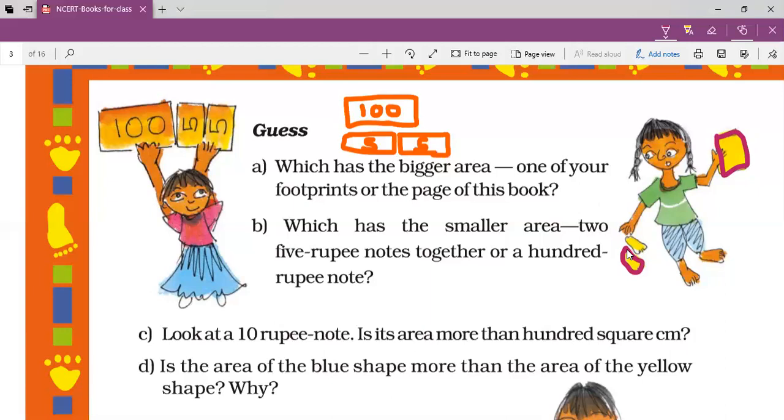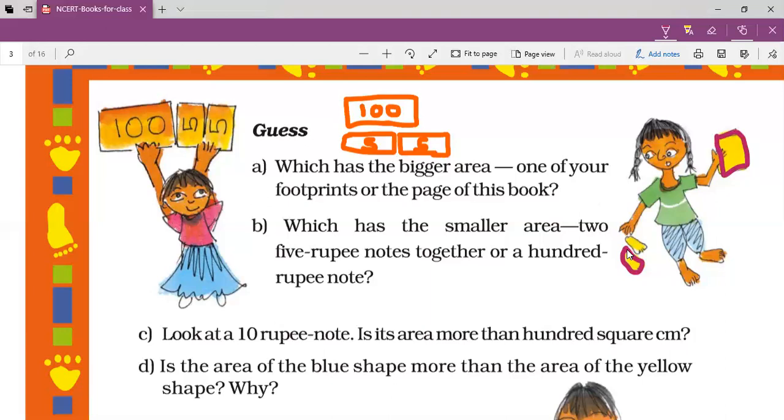Okay, next: which has the smaller area, two 5 rupee notes together or a 100 rupee note? For this, you can ask your parents to give you a 100 rupee note and two 5 rupee notes.